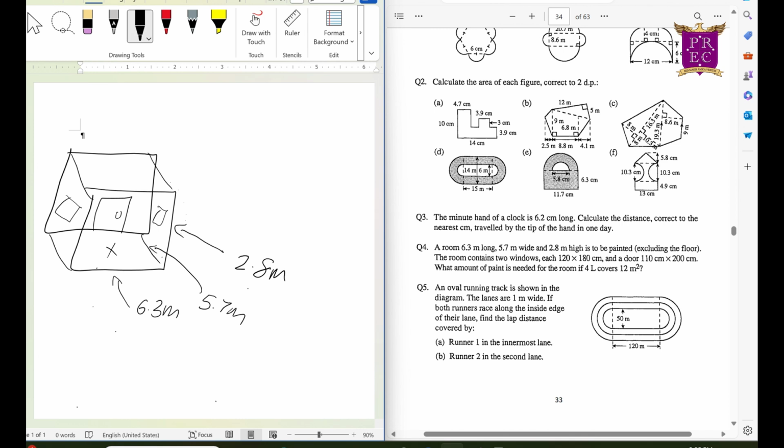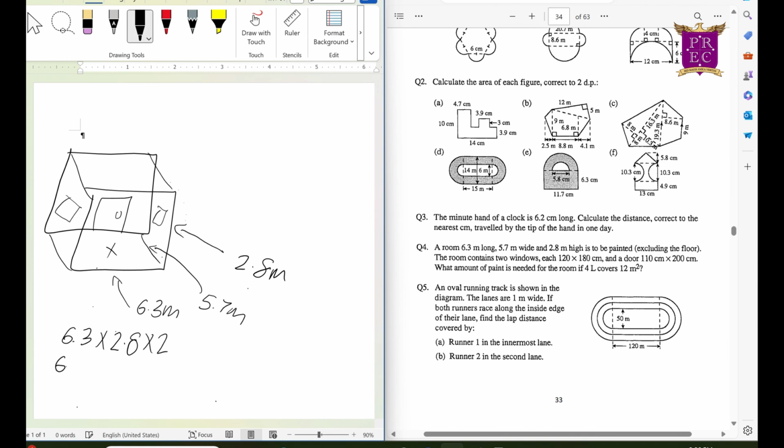The surface area of the room can be found by doing 6.3 times 2.8 to find the area of this face. So 6.3 times 2.8, and that's for the 2 faces, this face and the face with the door in it, so we times it by 2.